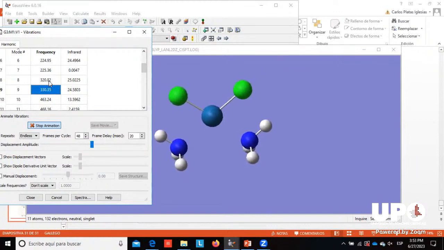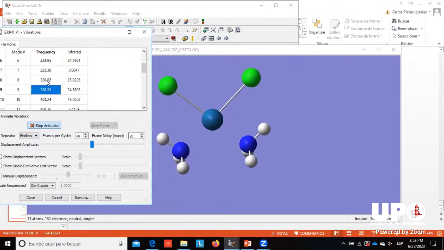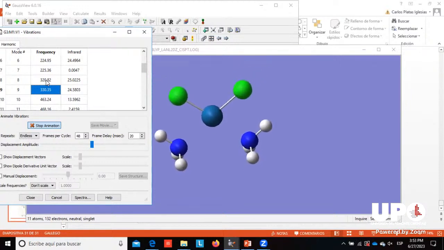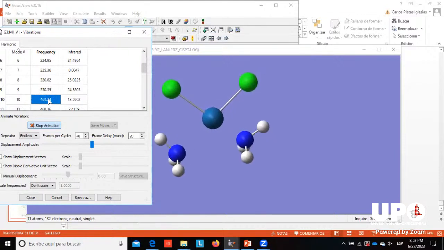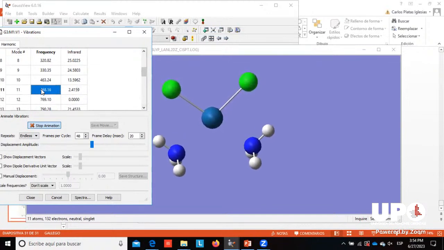And the two bands are separated by 10 reciprocal centimeters, from 321 to 330, all right? And then we can look for the platinum nitrogen, so that would be the asymmetrical vibration. And that would be the symmetrical one, and that is separated by 5 reciprocal centimeters.